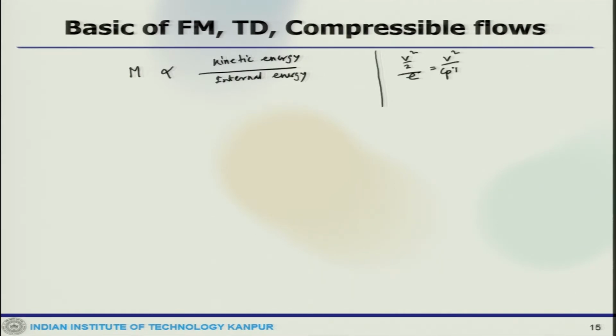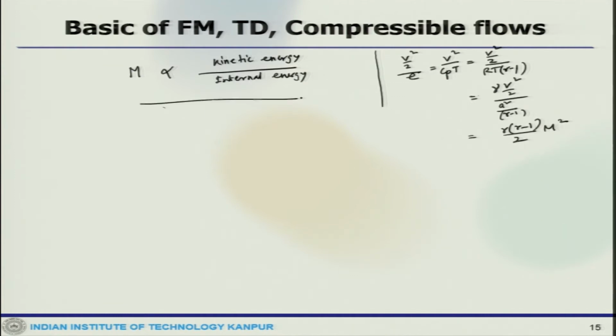So, we write V square by 2 divided by R T by gamma minus 1, which would be gamma V square by 2 divided by a square by gamma minus 1. So, this would be gamma times gamma minus 1 by 2 times Mach number square. So, this is a ratio between kinetic energy and internal energy.